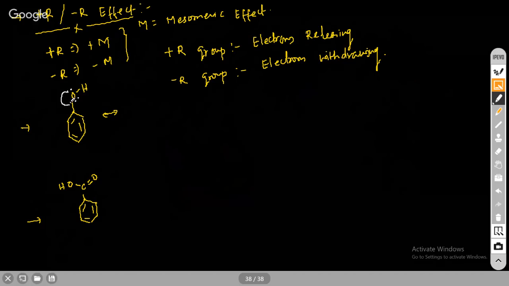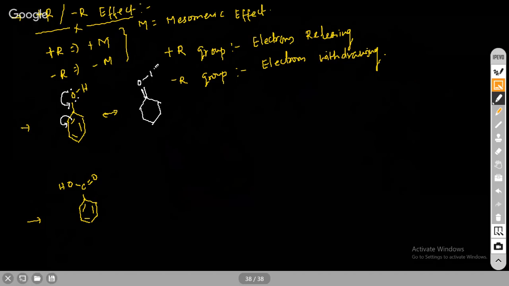Now here, when OH is attached to the ring, it has two lone pairs, so it can donate a lone pair to this carbon atom, and this pi electron comes over here. This is nothing but resonance. So the resonating structure we draw here will be like this. Oxygen is attached with a double bond now, because the lone pair comes into a bond pair.